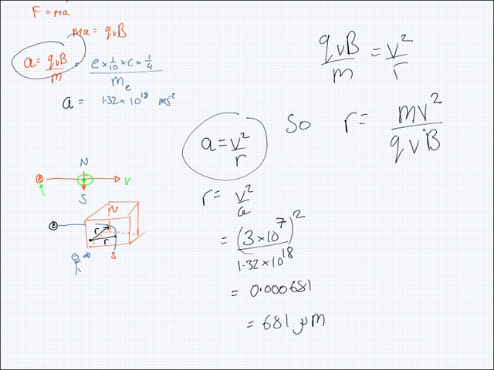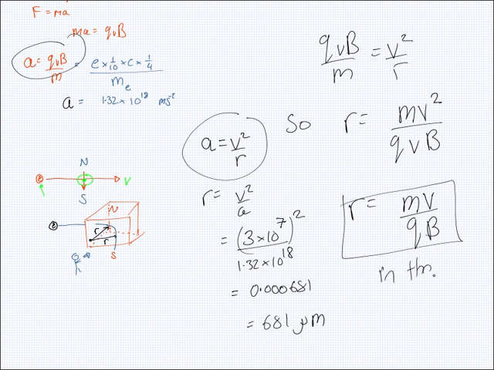But of course the V's cancel. So you get R equals MV over QB. That'll give you the same answer. This is in the formula book.